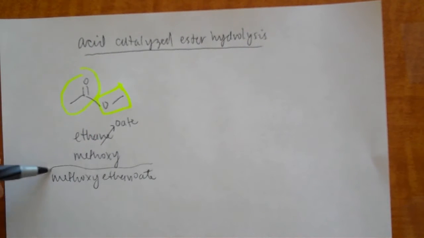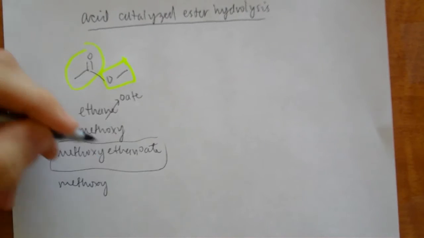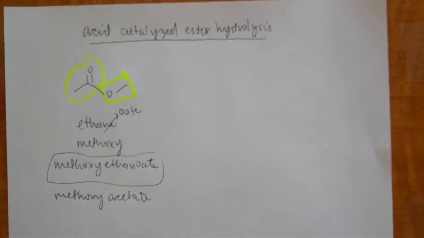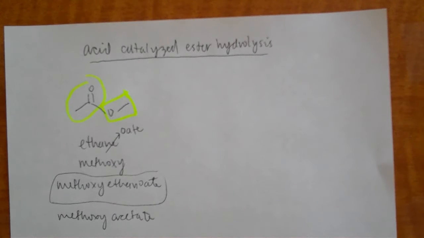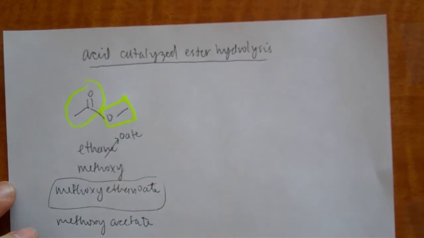I will probably usually name this methoxy. Can you guess what I'm going to name this? Acetate. Okay. So this is methoxy acetate. It's just a pretty simple ester, and I've just messed up my picture for the mechanism.